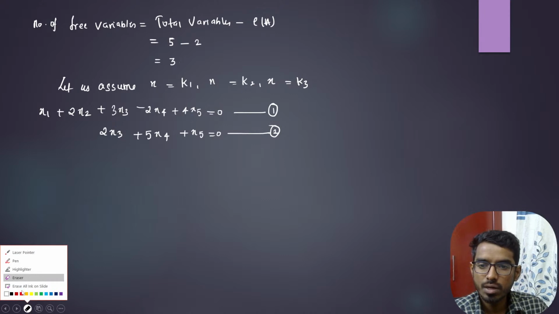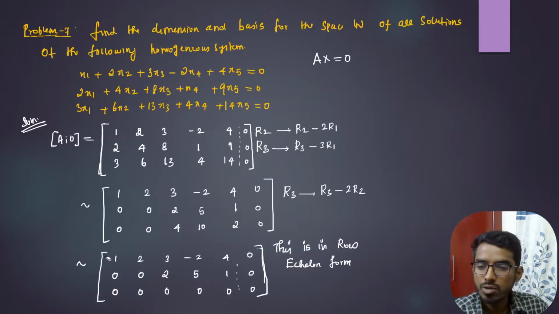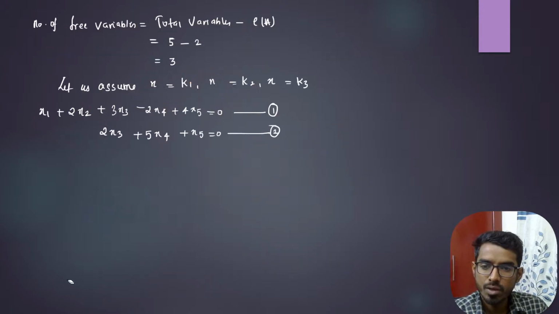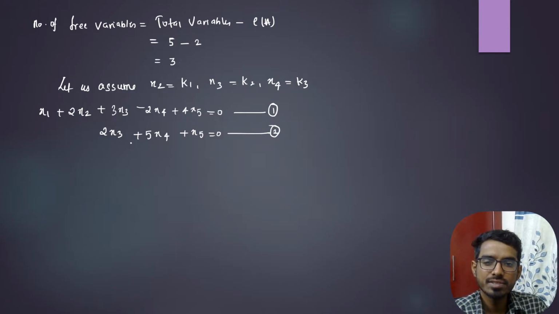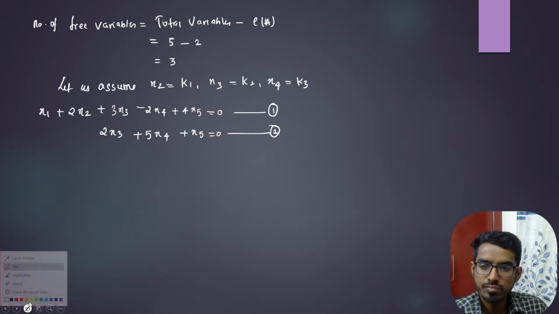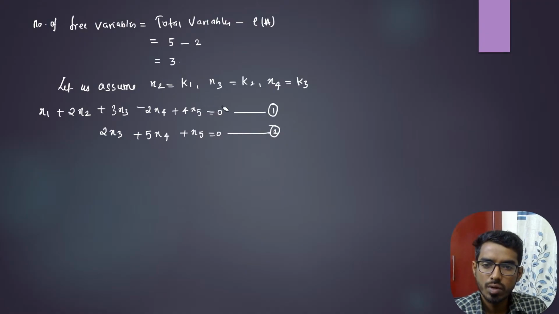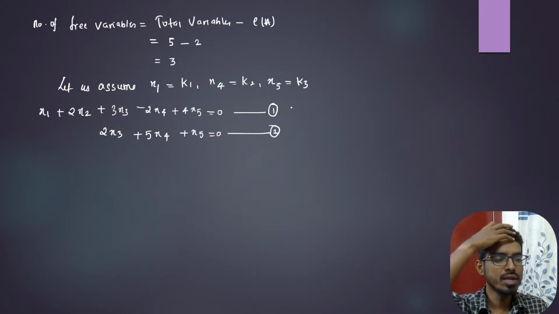We need to assume any three variables. Let us assume x1 to be k1, x4 to be k2, x5 to be k3. See, you can assume any three variables on your own.